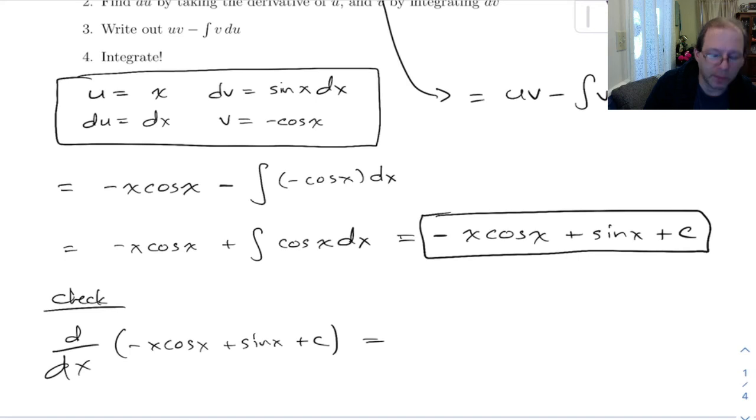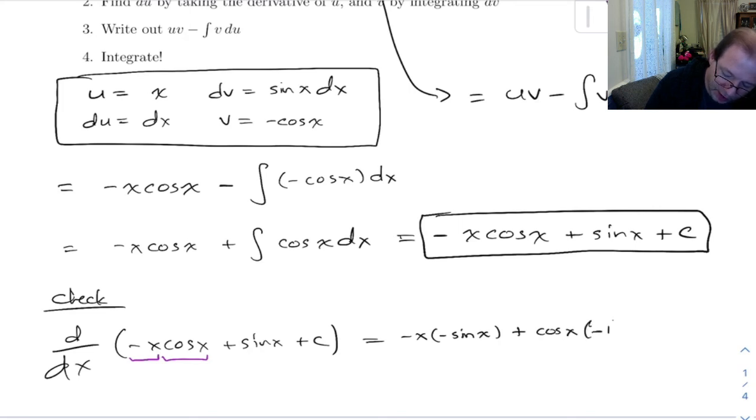The derivative of minus x cosine x, I'm going to split up into minus x and cosine x. When we do the derivative, it's the first one times the derivative of the second, the derivative of cosine is negative sine, plus the second times the derivative of the first.